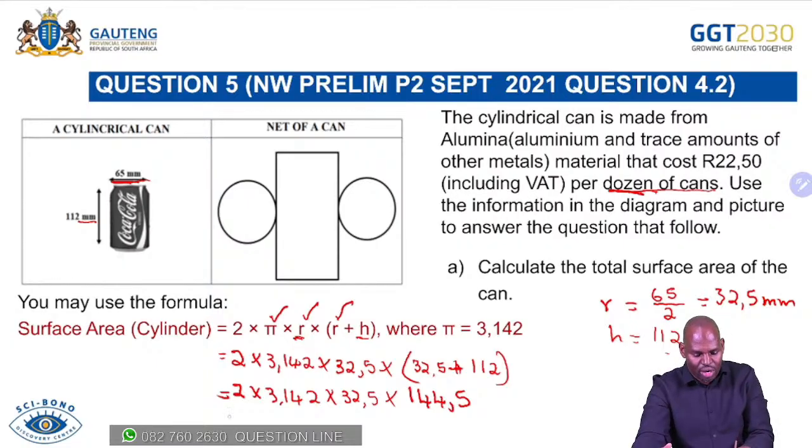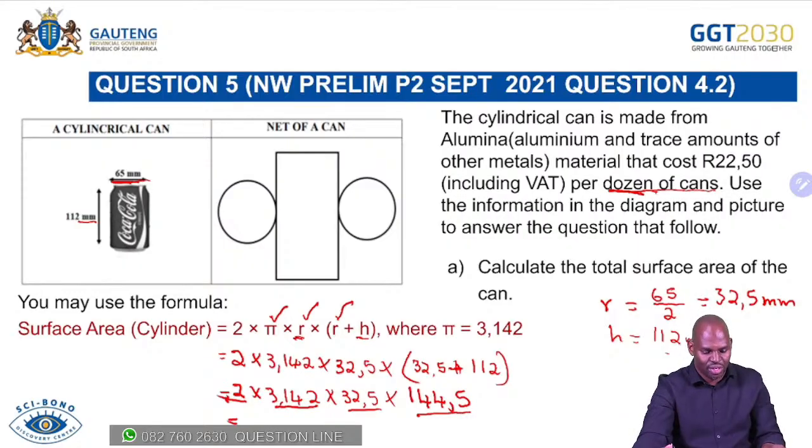Now we just need to multiply. 2 times 3.142 times 32.5 times 144.5.